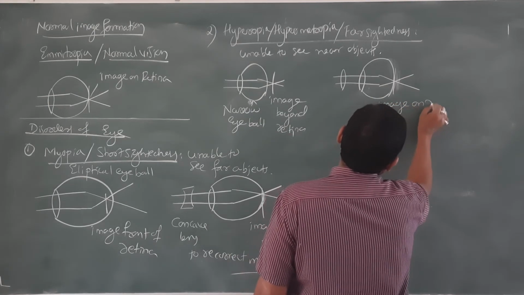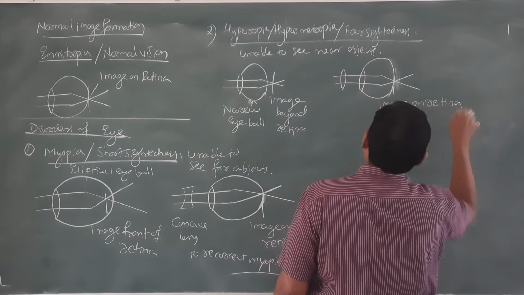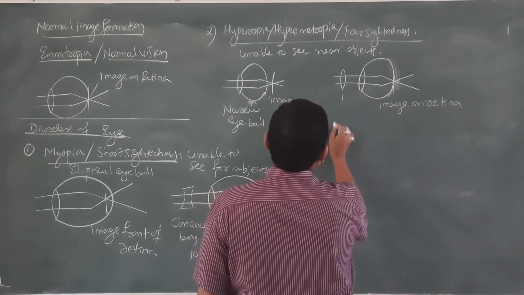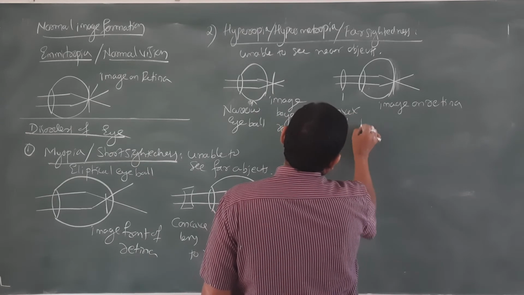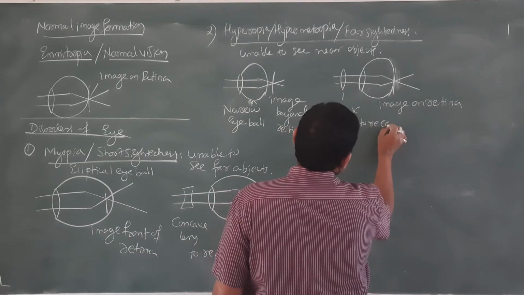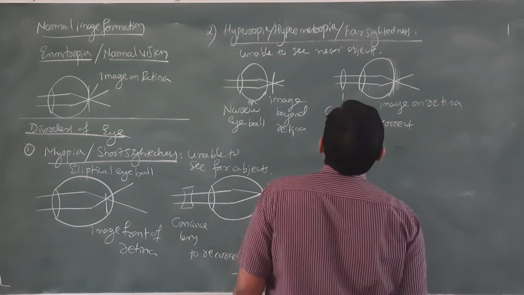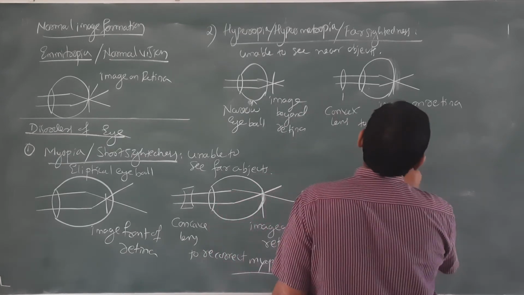The image on the retina is formed by using a convex lens to correct what we call hyperopia.